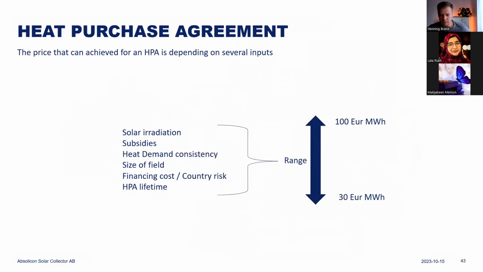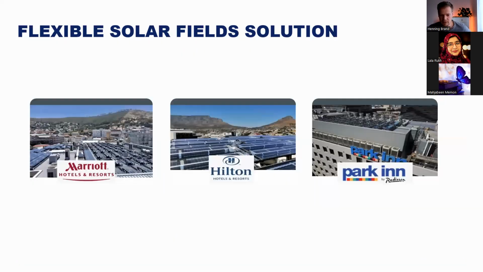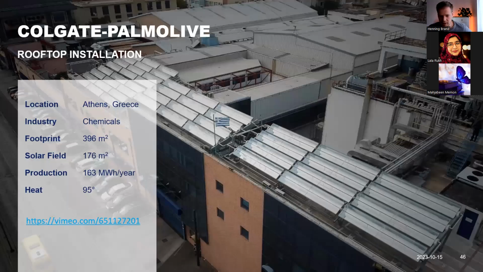I will skip a little bit now and just show you some of those installations. This is from my previous work where we did the hotels, how this looks. These are installations that we have done. And here you can see some examples of industrial installations.